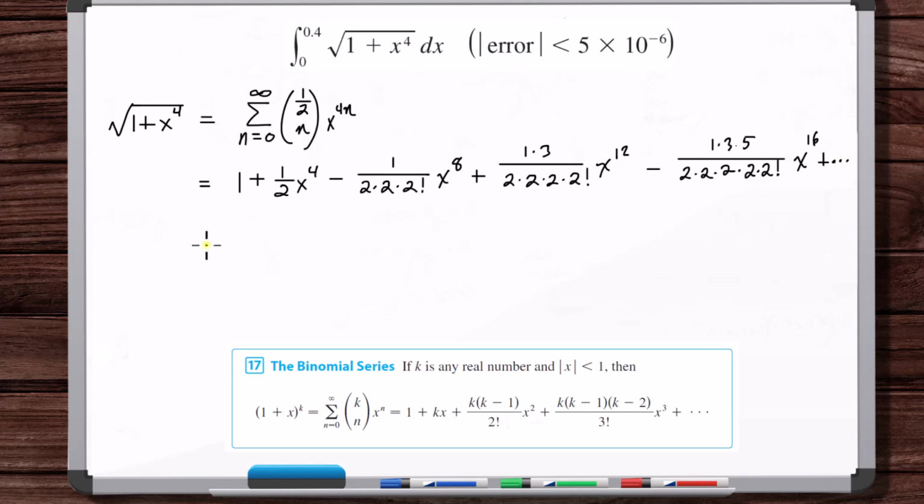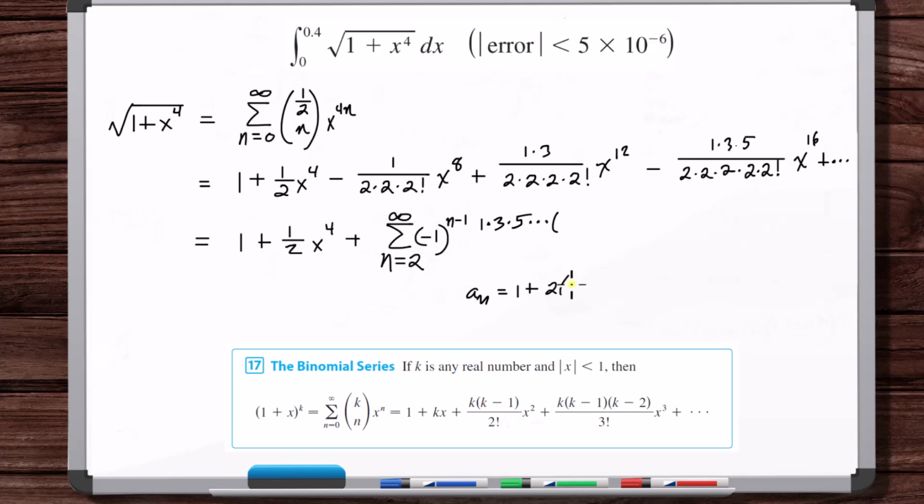Okay, so this is equal to 1 plus 1/2 x to the 4th, then plus the sum from n equal to 2 to infinity, and we want to put the alternating term here. The first term is negative, so minus 1 to the n minus 1. Then we're going to have 1 times 3 times 5 times, and this is going to be an arithmetic sequence starting at 1 and increasing by 2 each time.